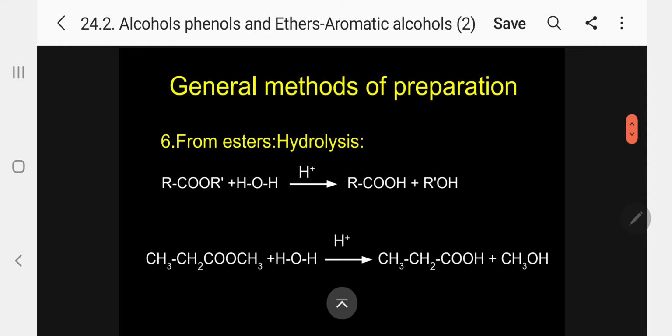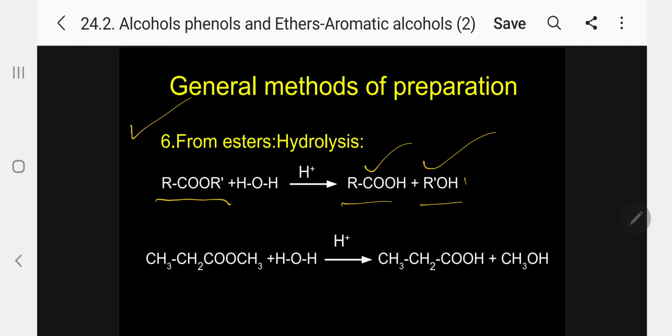Number six, general method: from esters, one of the derivatives of acids. Hydrolysis of ester in acid medium gives acid and alcohol, and the alcohol we can separate from the mixture. This is also used as a general method. The general formula is RCOOR' plus HOH, in presence of H+, converted into acid and alcohol.